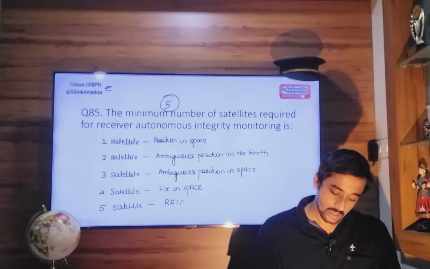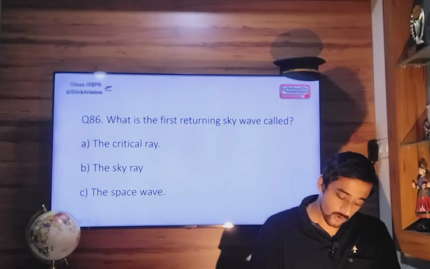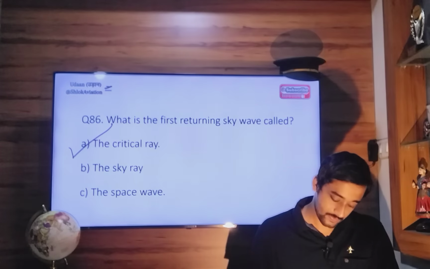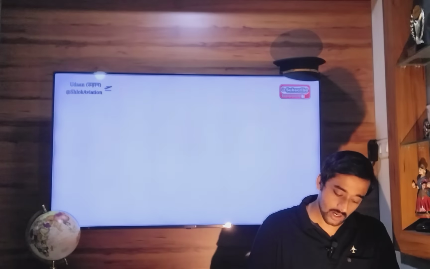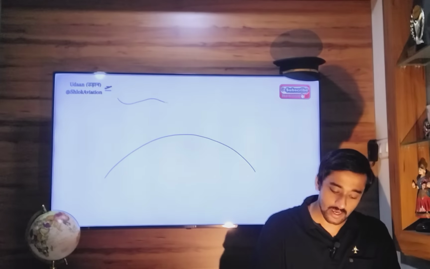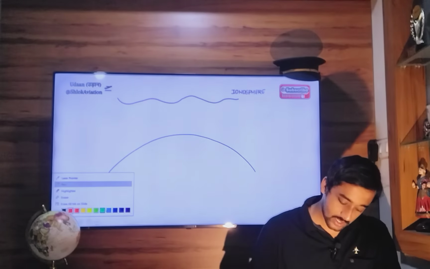Next, what is the first returning sky wave called? The first returning sky wave will be called the critical ray. Okay, so let's consider this is your Earth surface. This is your ionosphere layer. Here is your transmitter.